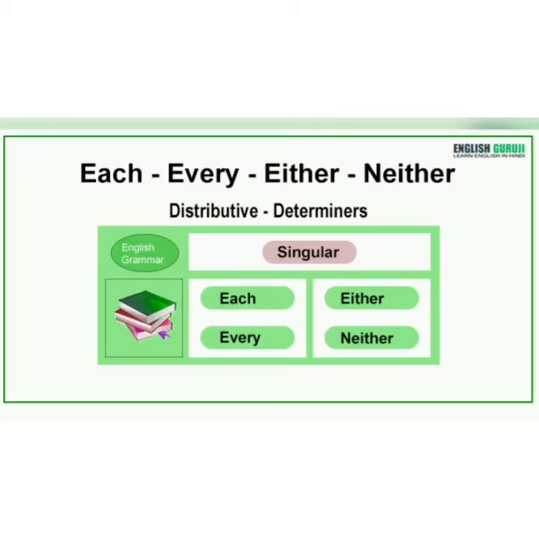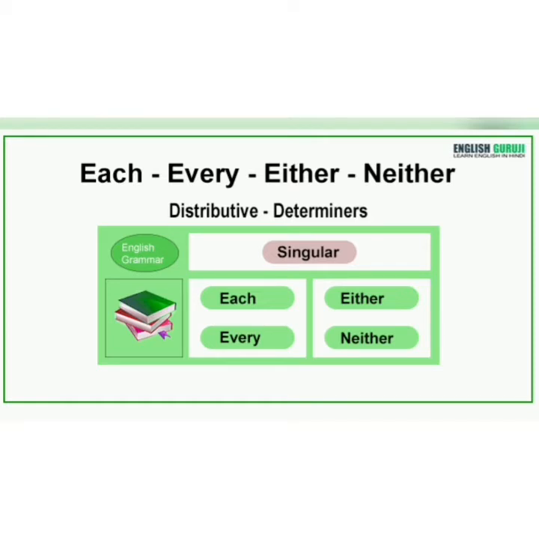Distributives, each and every. Each is used when we think of things separately one by one. That is, when two or more persons or things in a group are considered with emphasis on the individual. For example, each picture on the wall looks good.